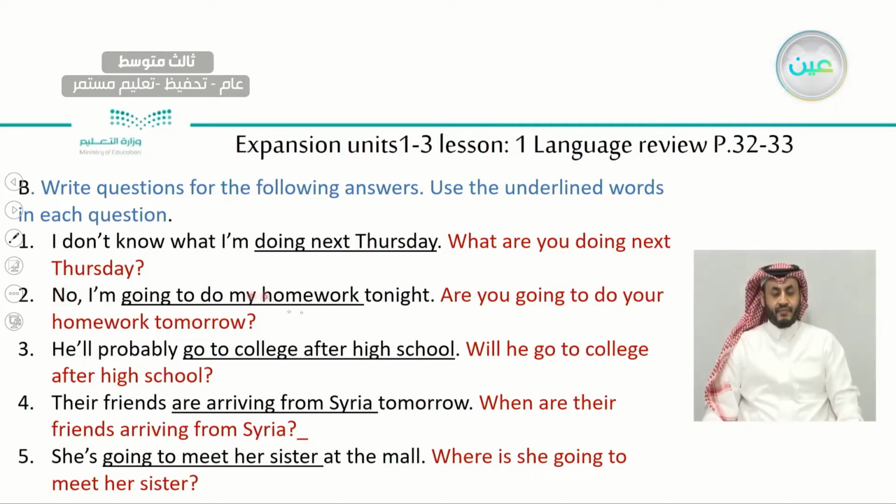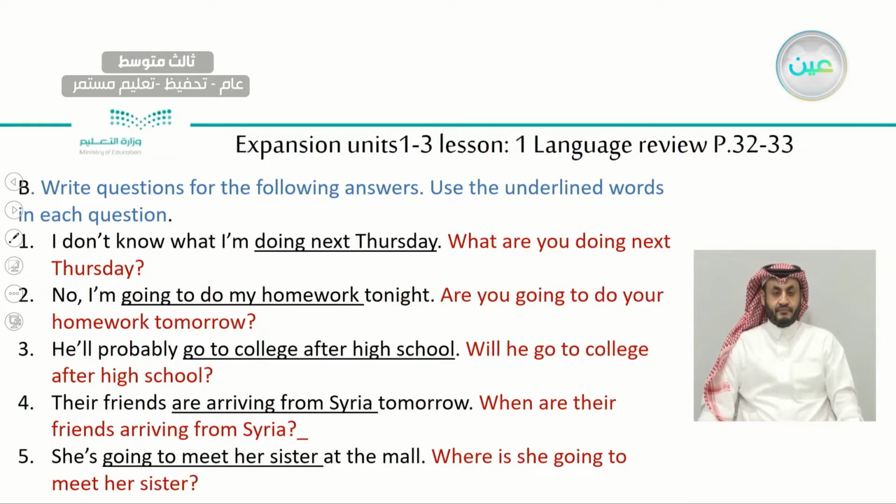So I want to include this. So what should I say? Are you going to do your, not my, your homework tomorrow? No, I'm going to do my homework tonight, because I can't use tonight since the answer is no.